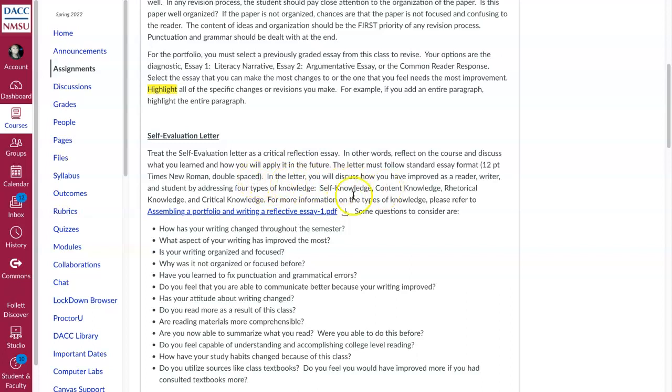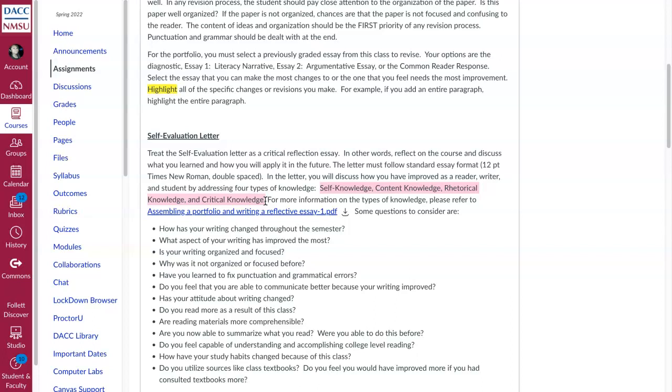So one of the things you want to do is talk about 4 different types of knowledge: self-knowledge, content knowledge, rhetorical knowledge, and critical knowledge. Basically what it means is, with self-knowledge, you want to talk about yourself as a writer, as a reader, as a student. So be honest with yourself.